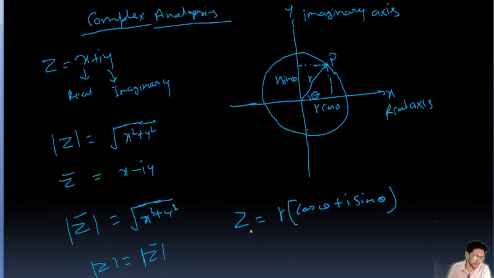In polar coordinates, the complex value is where x equal to r cos theta, y equal to r sin theta. This is the polar coordinate representation. And mod z equal to r. We can write z equal to r e to the power i theta.